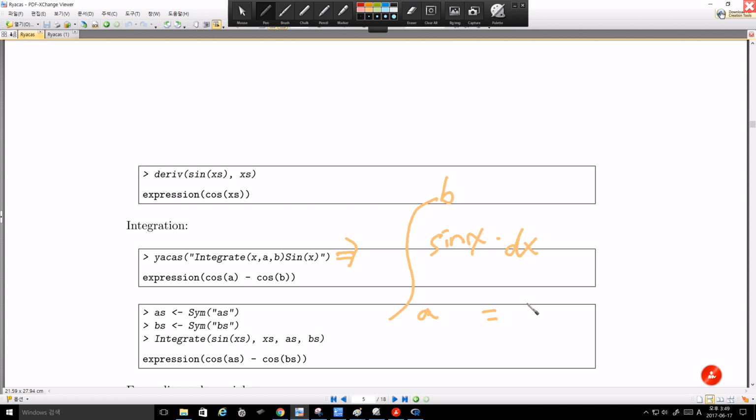And this is actually cosine a minus cosine b, because the integration of sine is minus cosine.